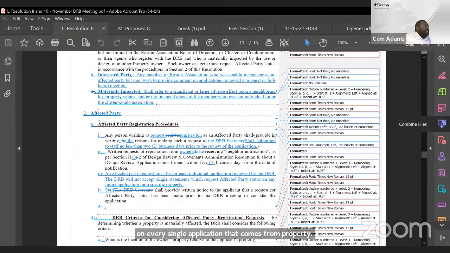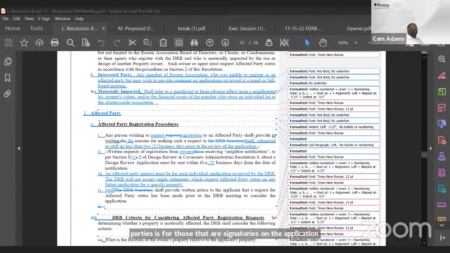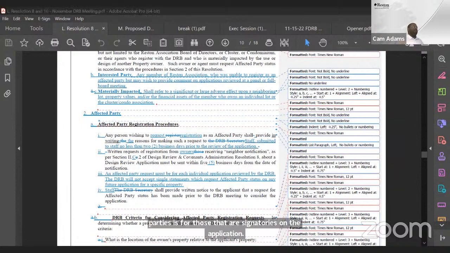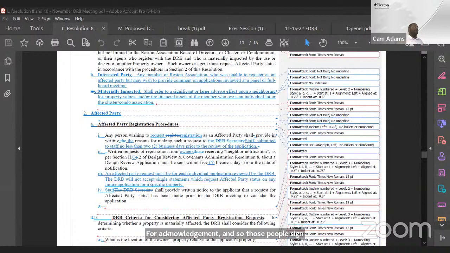Our contention is that the policy for affected parties is really for those who are signatories on the application for acknowledgement. Those people signing the application should be the ones able to either appeal or not appeal that decision, and then participate in the review in that manner.